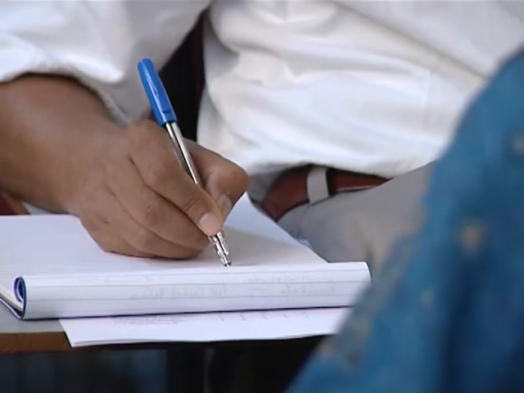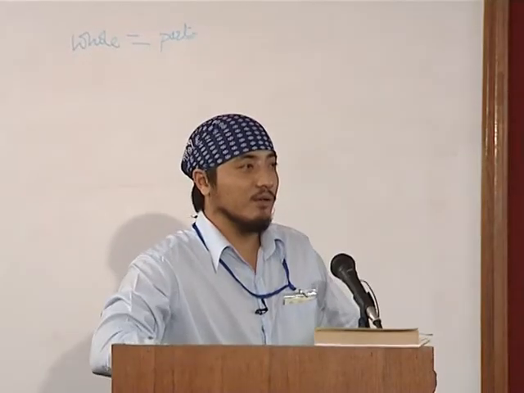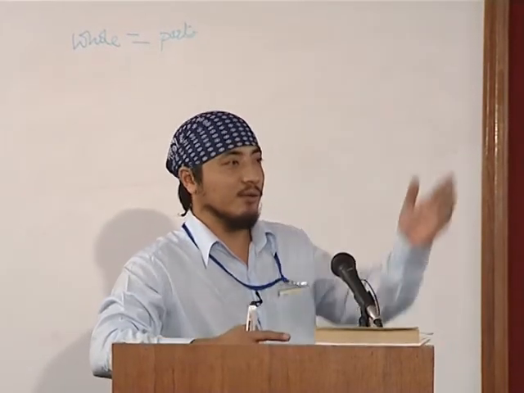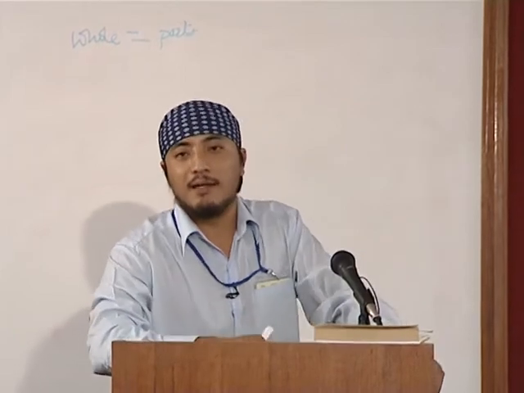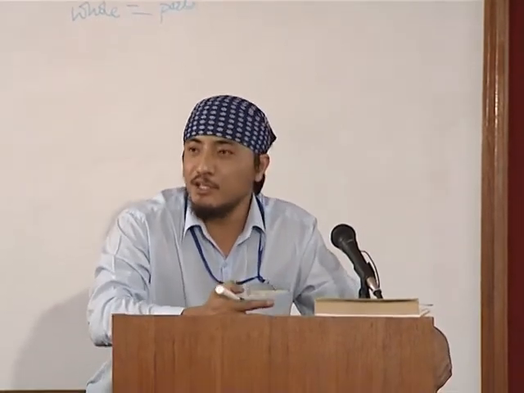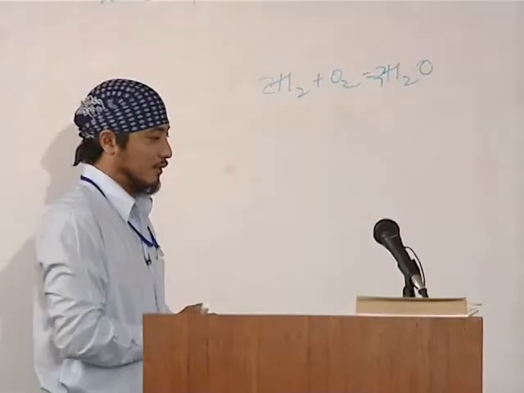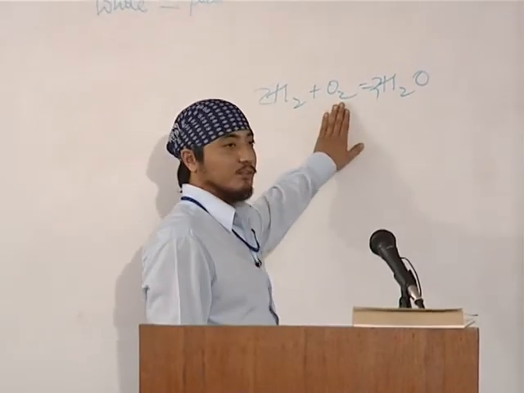To give you an example, if you are studying how water behaves, you are a chemistry student, and you want to understand the nature of water. You break it into its constituent parts, and you know that water is composed of hydrogen and oxygen. So hydrogen plus oxygen will give you water.